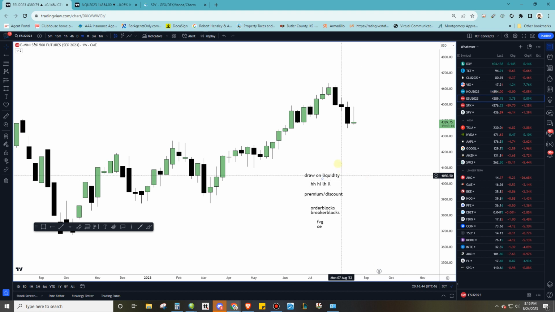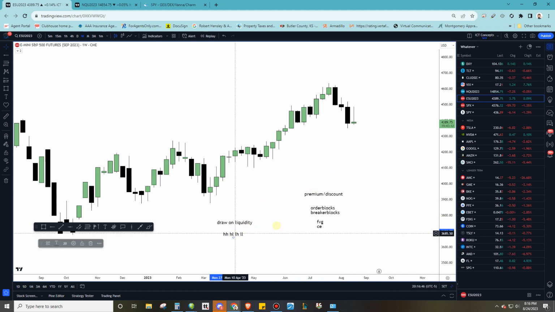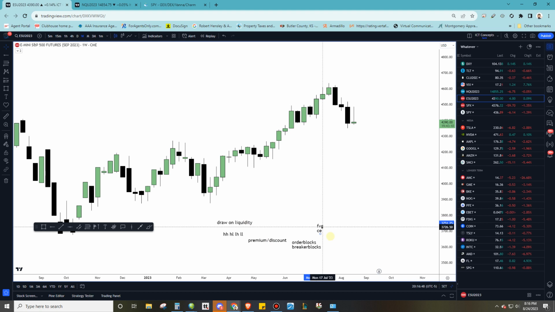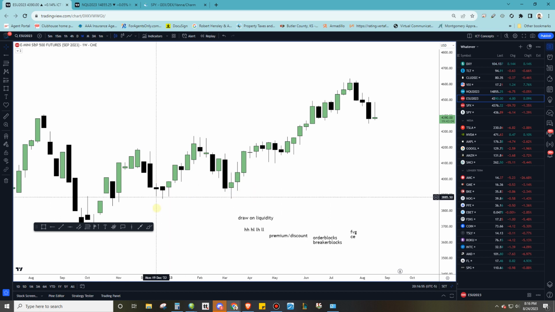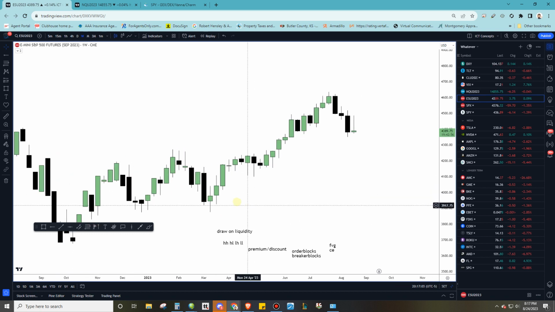The first thing I do is find out what this market is doing as far as trend goes. You could say they ran the stops there, but you could also say they made a higher low.